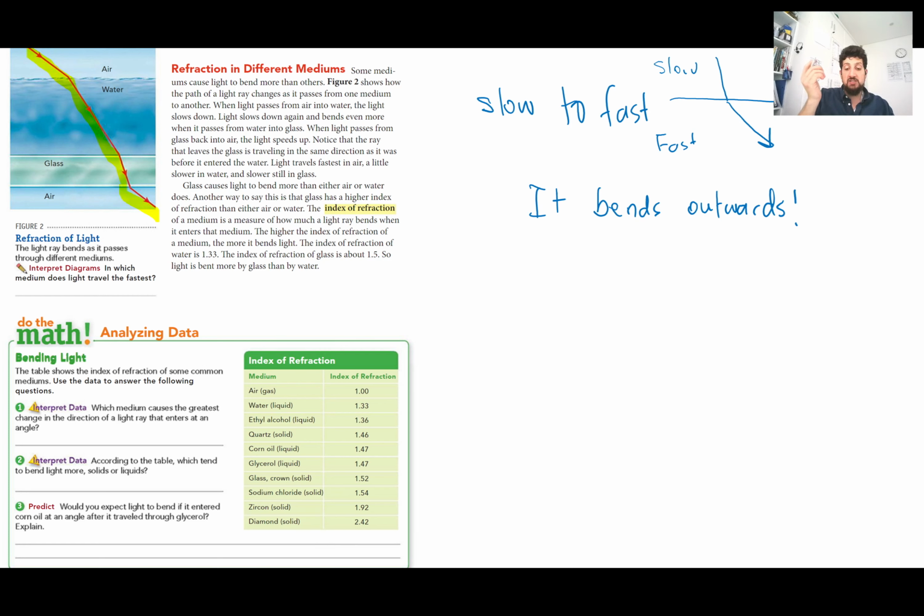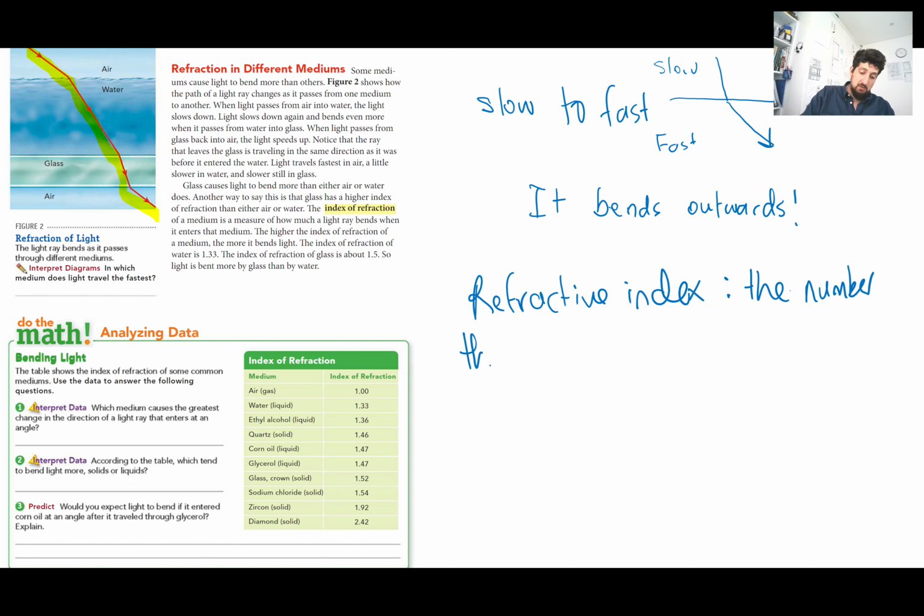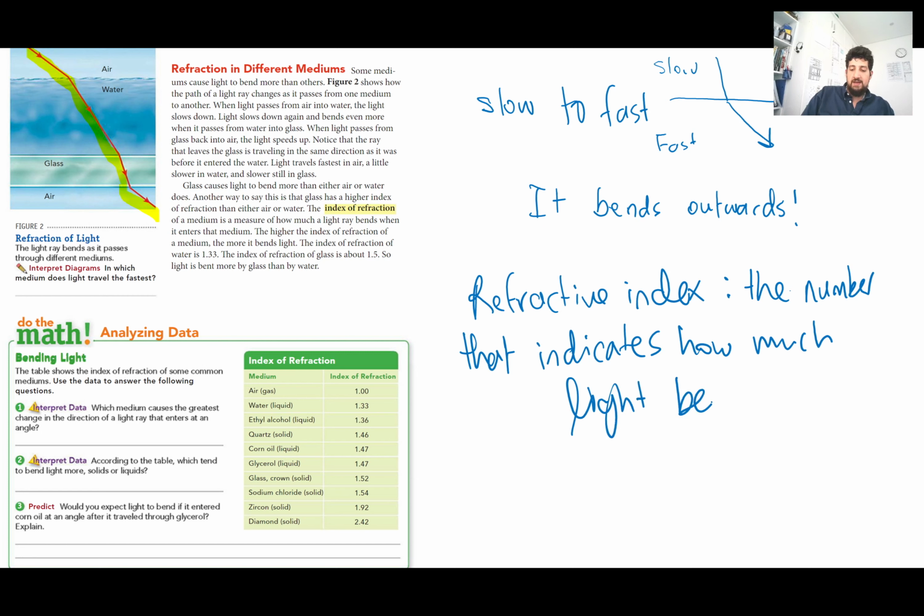So the index of refraction, or refractive index, is the number that indicates how much light bends in a certain medium.